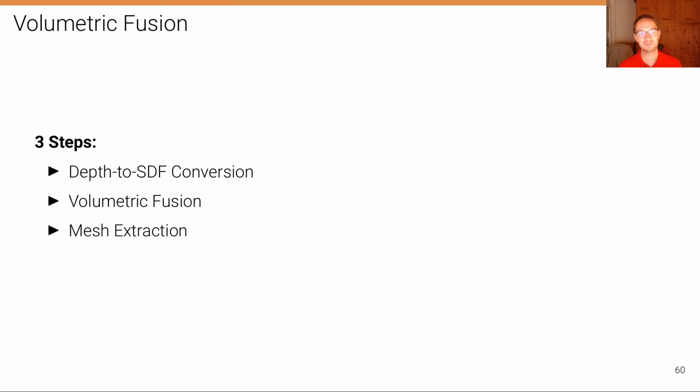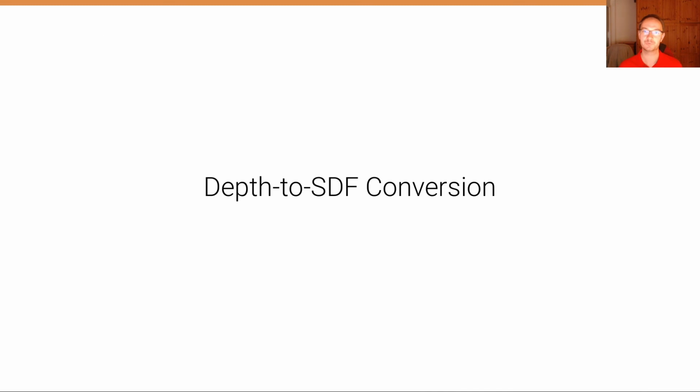The second step is to actually perform the volumetric fusion, and the third step is to extract a mesh from the fused signed distance field, from this implicit model. So we convert an explicit representation to an implicit one, we do the fusion in the implicit space, and then we convert it back to an explicit representation. Let's start with the first part, depth to SDF conversion.